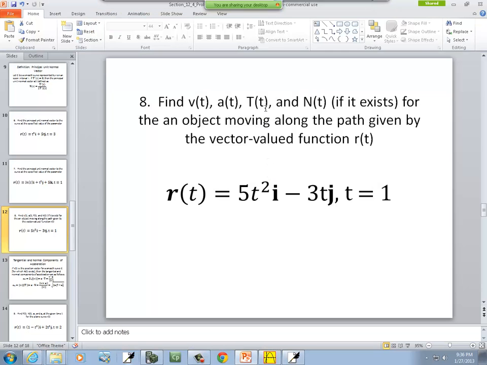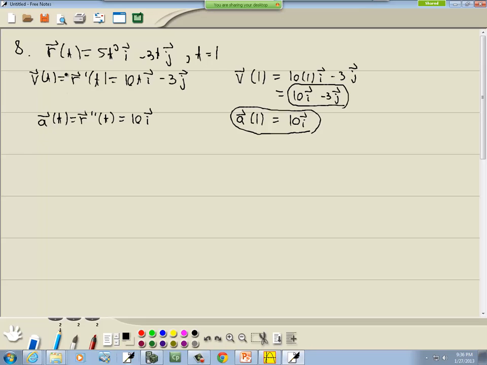Now they're wanting the tangent, and I got r prime, so I want to find the magnitude of r prime. Actually, I'm going to go ahead and plug in a number. r prime was equal to 10ti minus 3j.